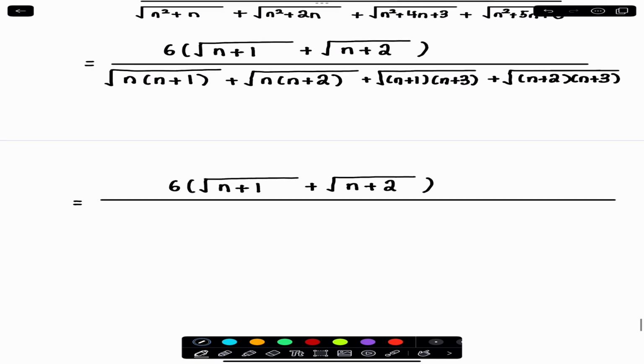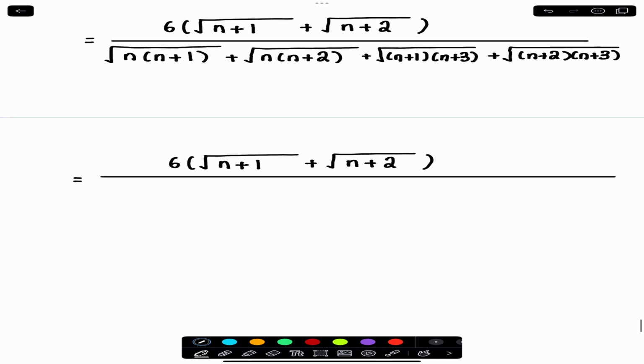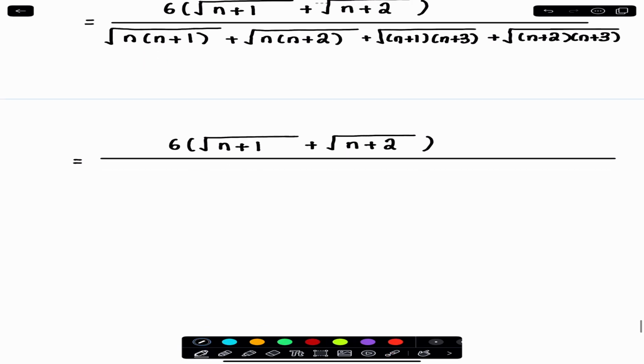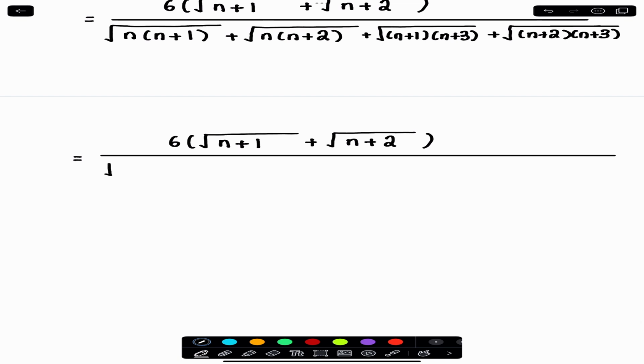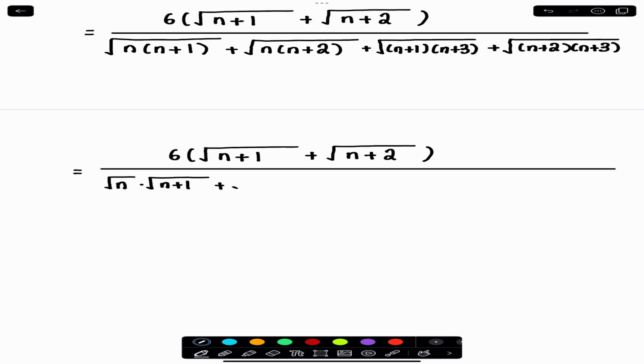And now, we can split this term over here as the product of two square roots. So again, splitting this square root up. And let's do the same for all of these terms.